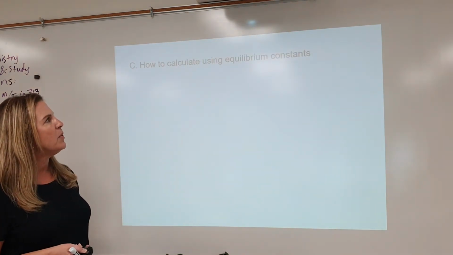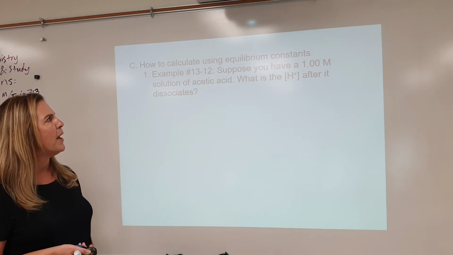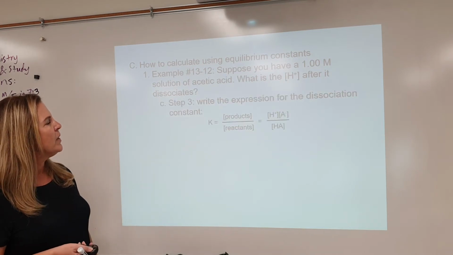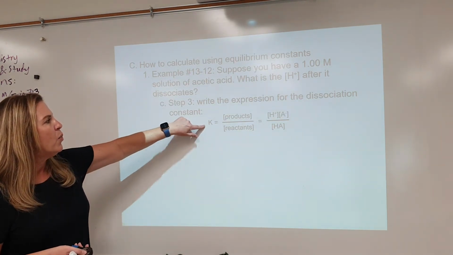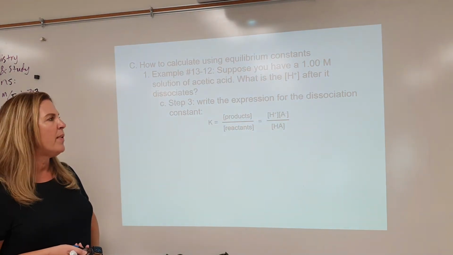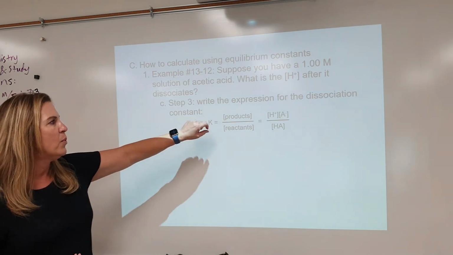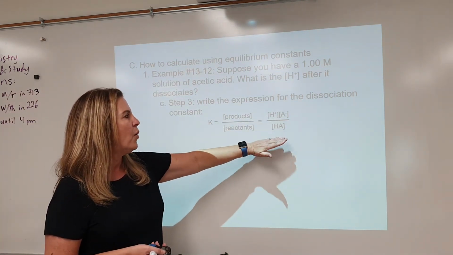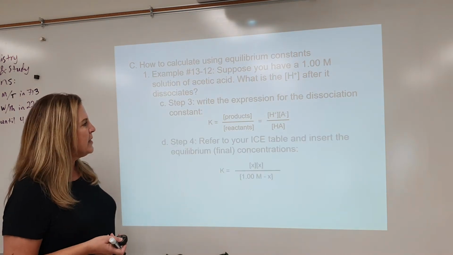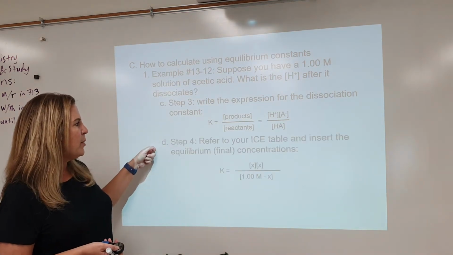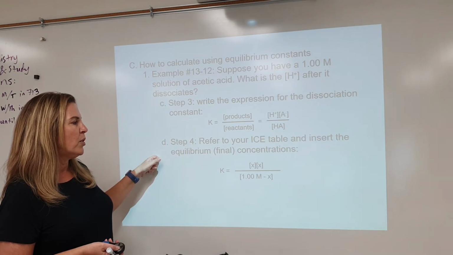How to calculate using equilibrium constants. So here we go, we have our ICE box. And now we're going to write our equilibrium expression. So K equals the products over the reactants. And again, I'm not going to get into that. Refer to your ICE table and insert your equilibrium final concentrations.